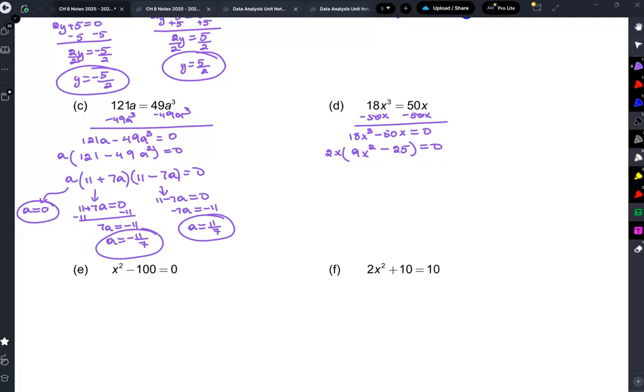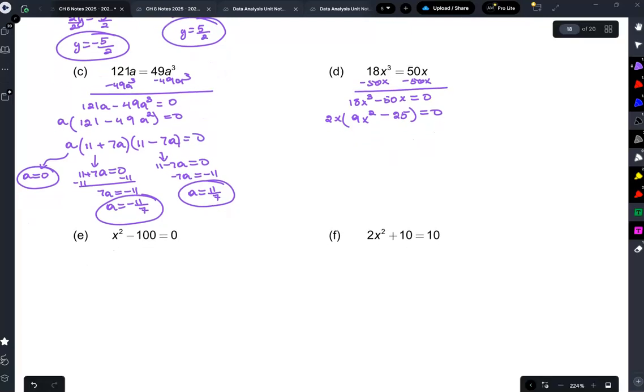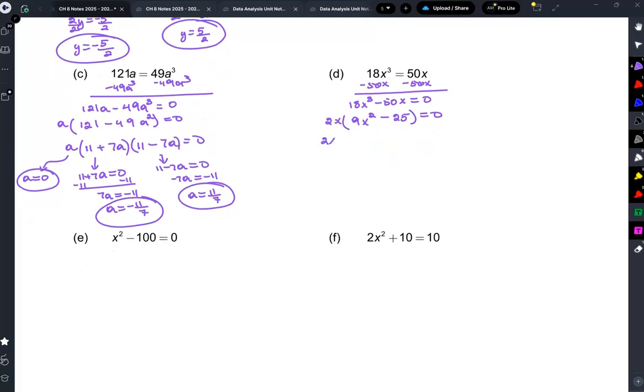This is next level. This is not easy stuff. This requires lots of practice. Okay? So now this is 2x. And look, I can factor this some more. How can I factor this? 3x, 5, 5. Plus minus. Okay, and then equal to 0.